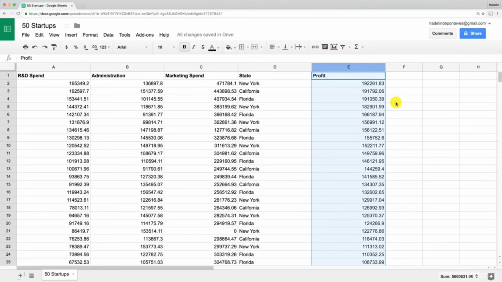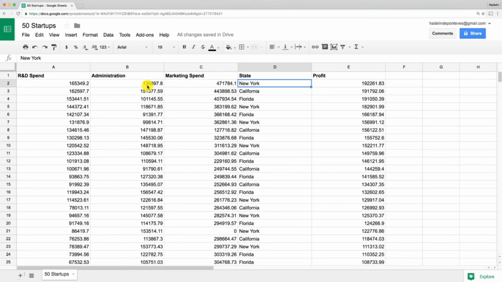And based on your model that you'll create, they'll set up a set of guidelines for their own venture capitalist fund, and they'll be like, okay, so we are most interested in companies, this is just an example, that operate in New York, and that have a very low administration spend and a very high R&D spend, so the R&D spend has to be much higher than administration and marketing spend, something like that.